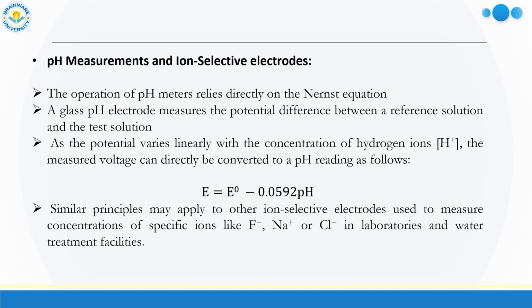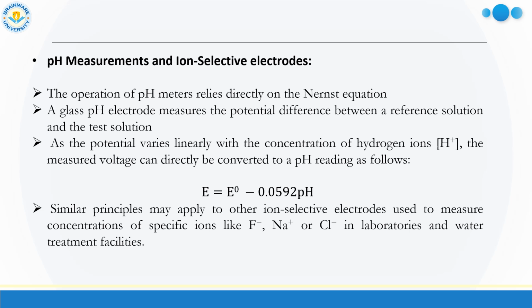Now, let us discuss another use of this Nernst equation, which is pH measurement and ion selective electrodes. The operation of a pH meter, which we use in laboratories, relies directly on the Nernst equation.